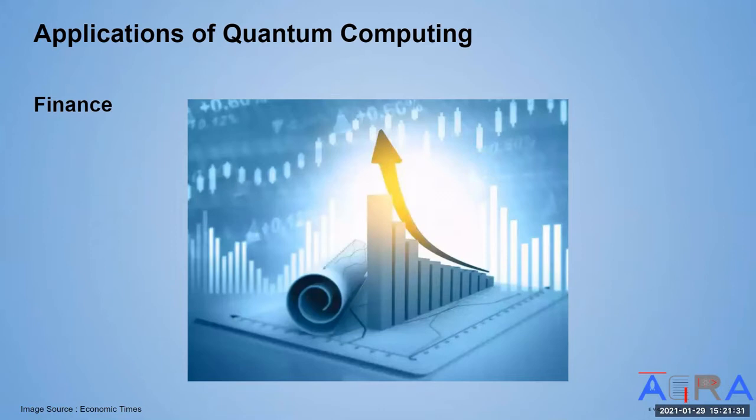Those kinds of tasks require quantum computation, because using classical computers it's not feasible to get a reasonable result, and it might take a long time to analyze those portfolios. So this is also one of the primary applications, which is optimization.